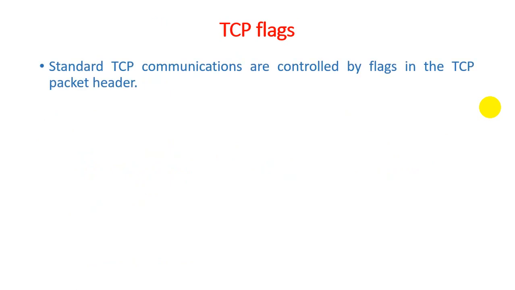Now we are discussing the different flags, or we can say TCP flags, which are part of the tool we are discussing right now, known as Nmap. Standard TCP communications are controlled by the flags in a TCP packet's header. Following is the list of TCP connection flags.